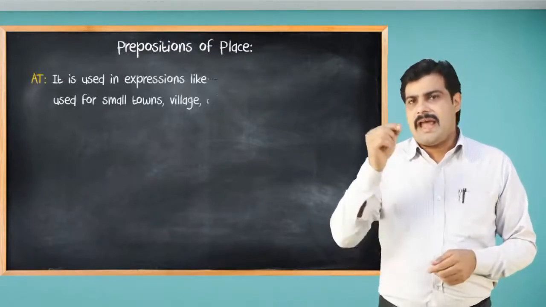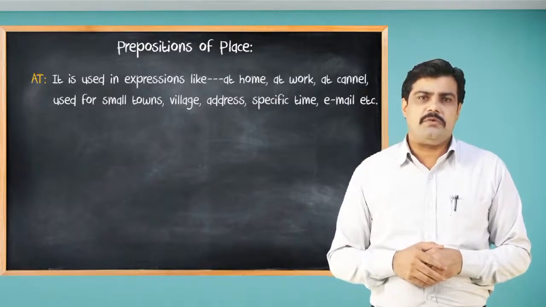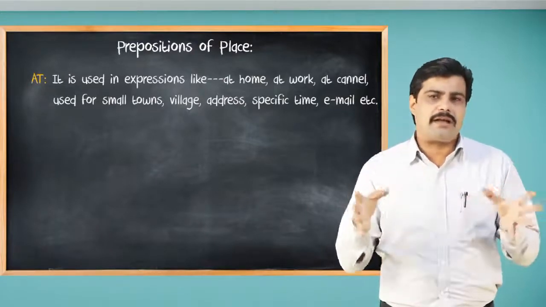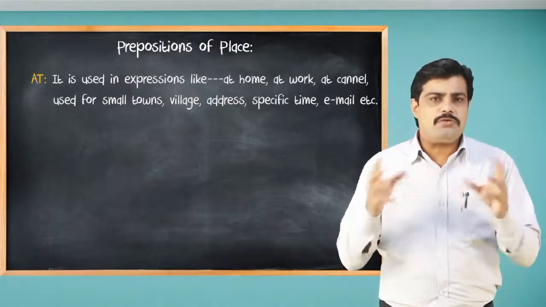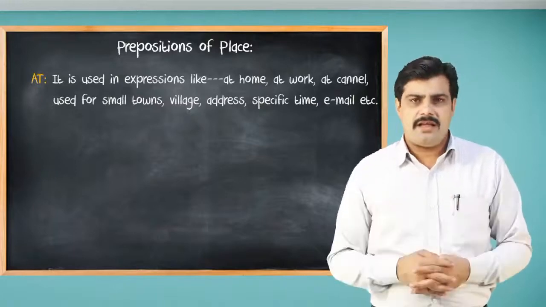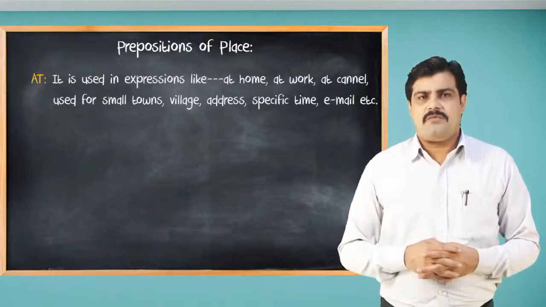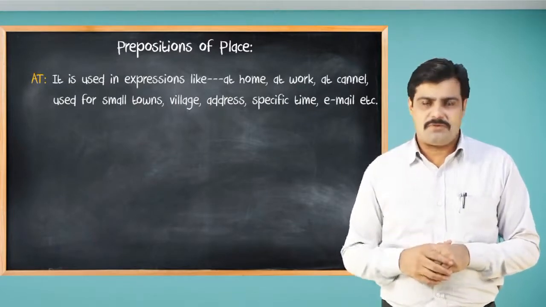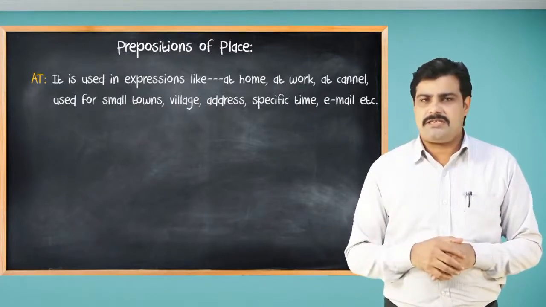The preposition at is the another preposition which is used in expressions like at home, at work, at canal, used for small towns, village, address, specific time, emails, etc. For example, I live at Parikshitgarh. That is a small town, so I have used at here.